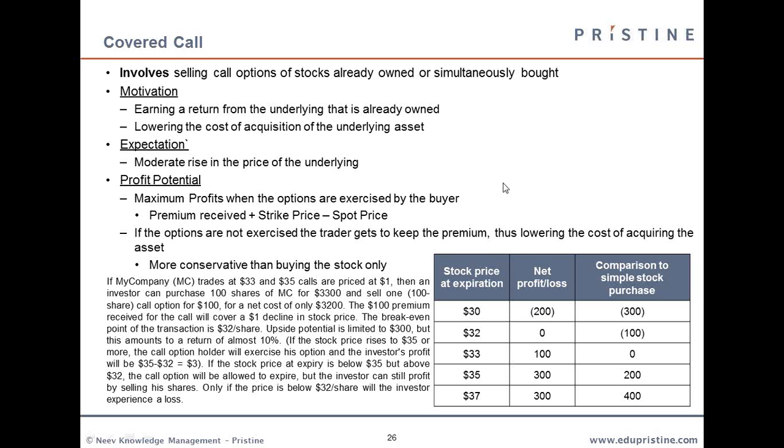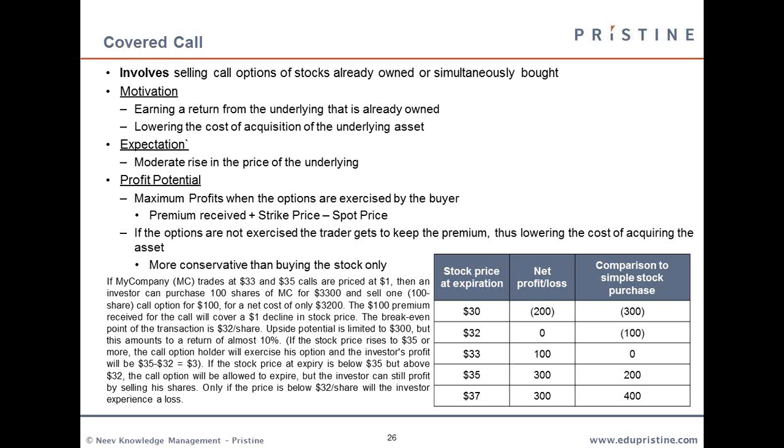For example, if the stock costs you $30, then by selling a call option for $2 or $3, say, you lowered the cost of acquisition to $27. And thus, what you did is, you increase your profit and also you limited your losses.